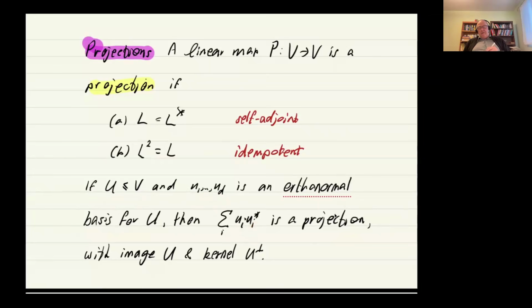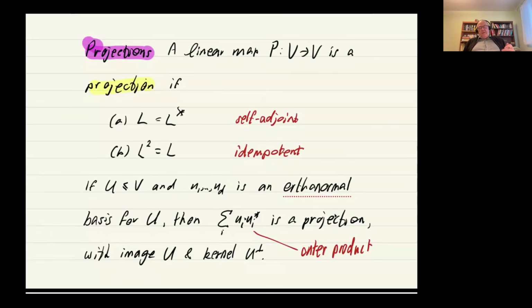For those of you who've done some physics, this is often called an outer product. So this is a sum of outer products, and this is a projection, which you can verify.